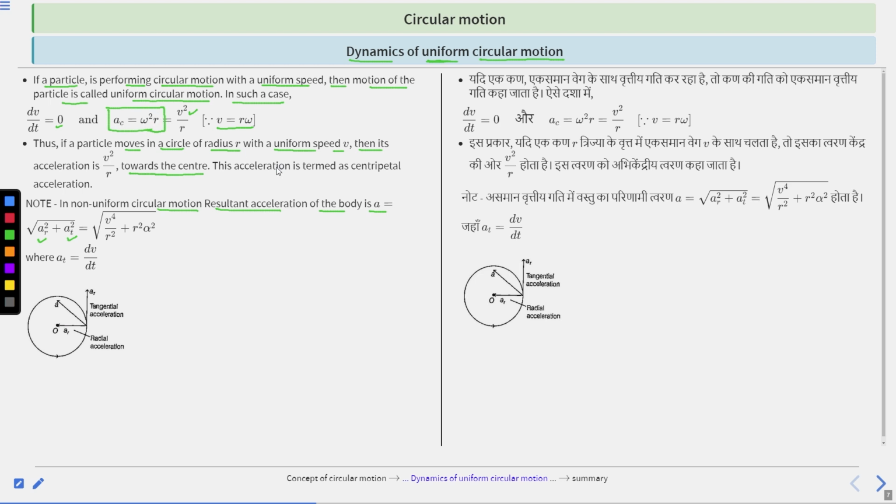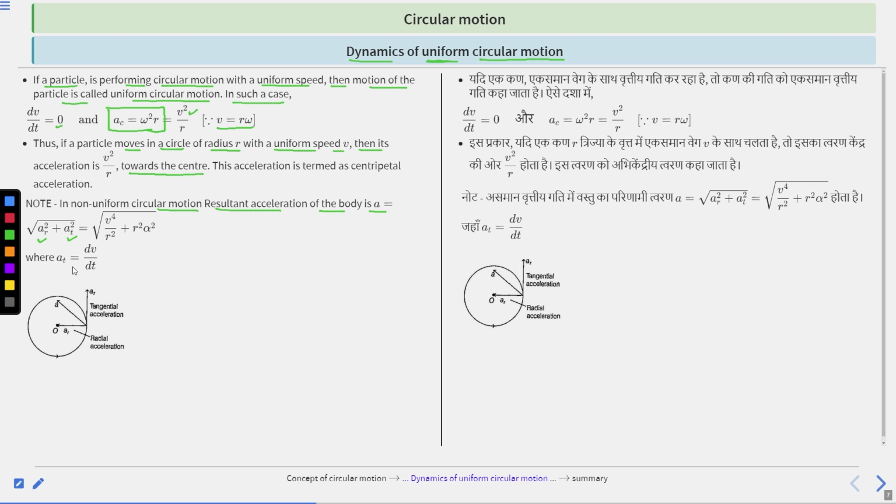And in case of variable speed, means non-uniform circular motion, the acceleration a is equal to under root a_r square plus a_t square, where a_r is the radial acceleration and a_t is the tangential acceleration. Clear? So this is the formula of acceleration in case of non-uniform circular motion.